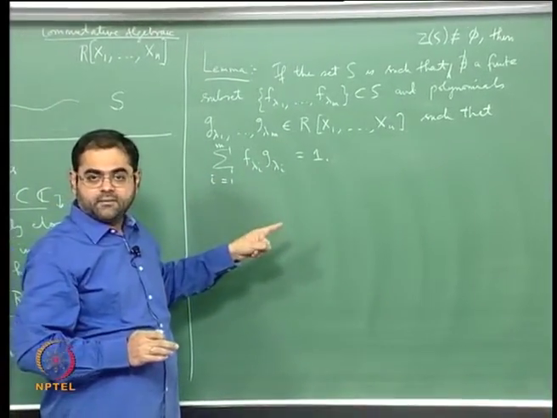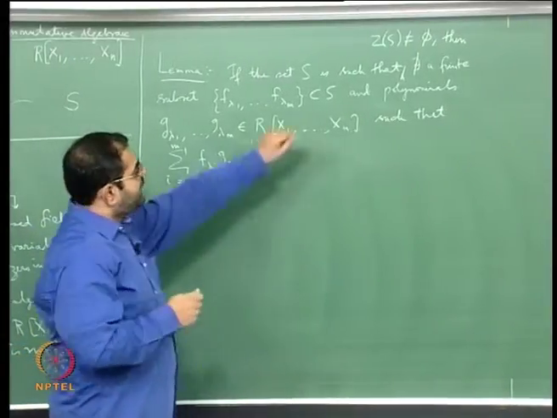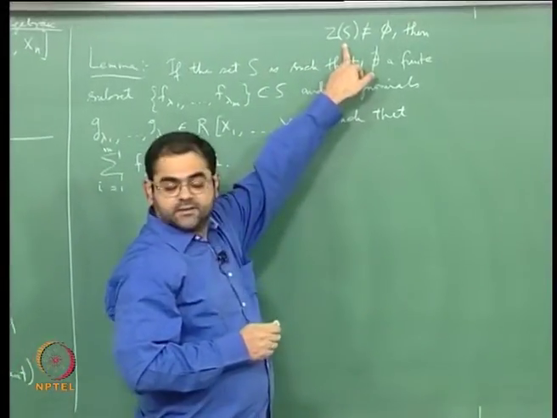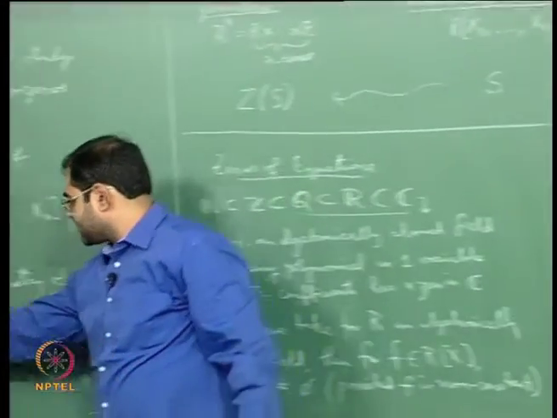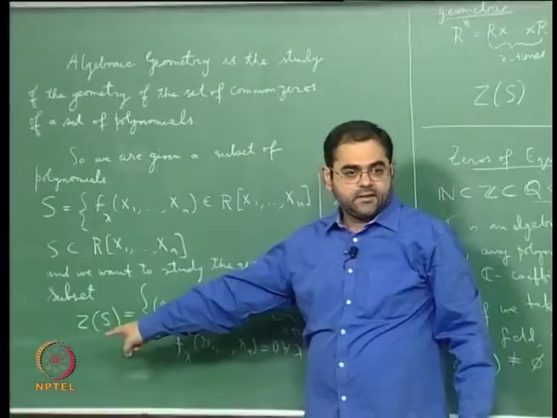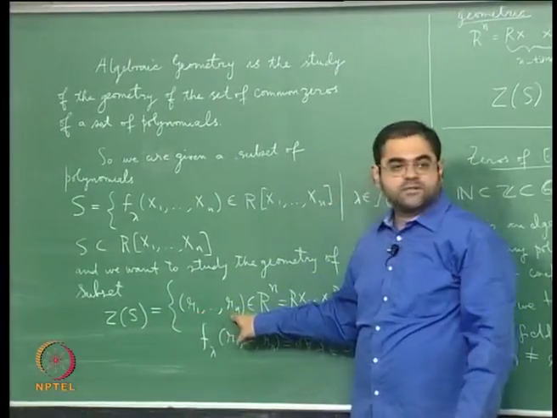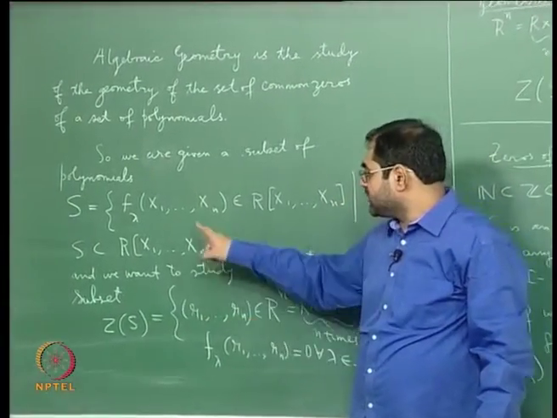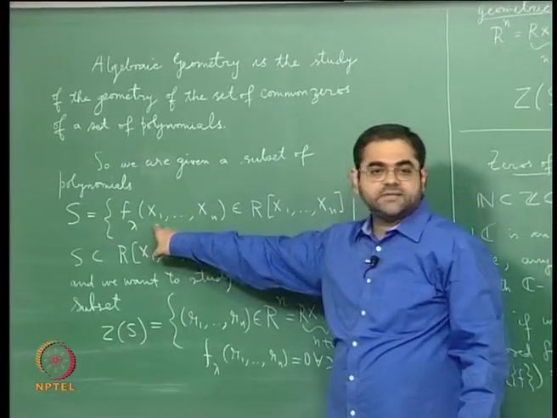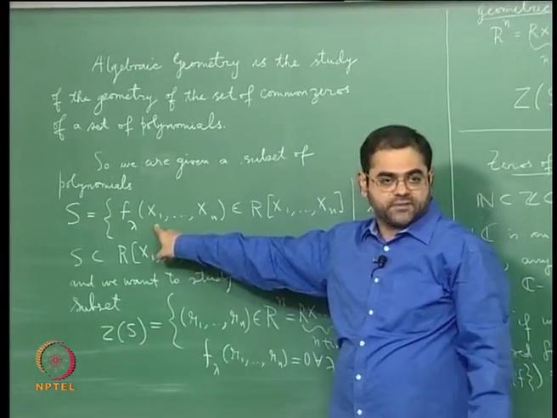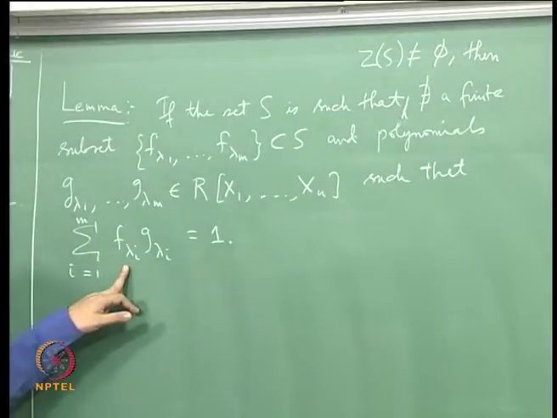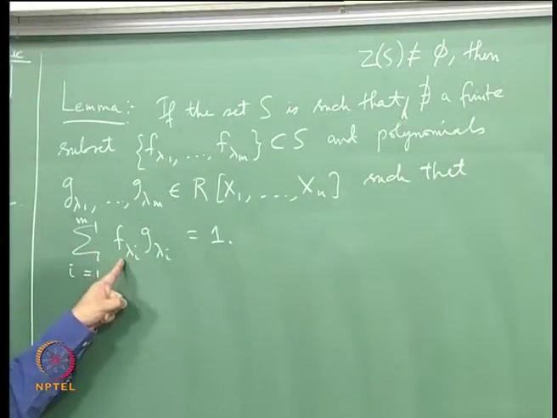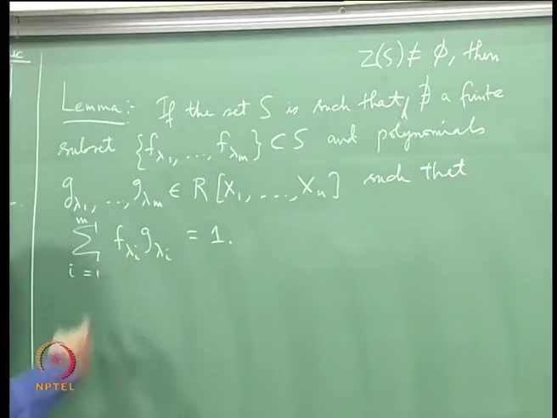That cannot happen, and that's obvious, because if the zero set is non-empty, that means there is a value small r1 through small rn in the zero set, and when you substitute it in each of these f lambdas, it's going to vanish. So if I substitute it in this relation, the left side is going to vanish and I'll get 0 equal to 1.